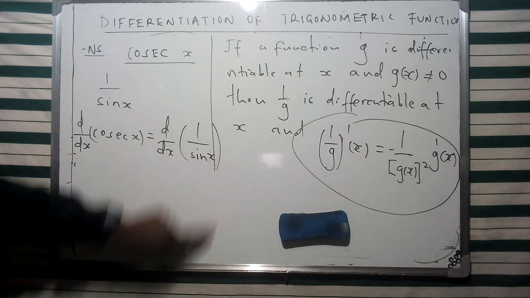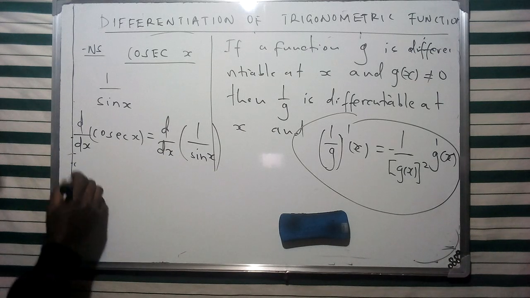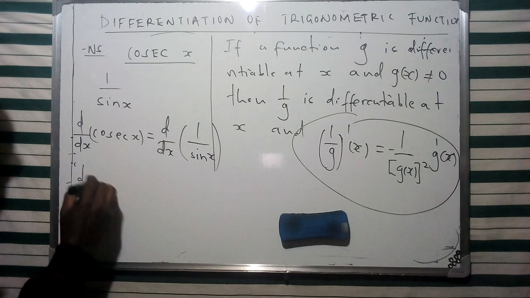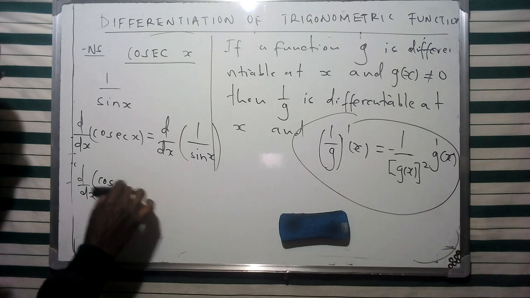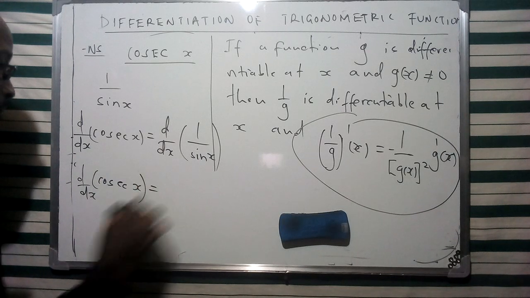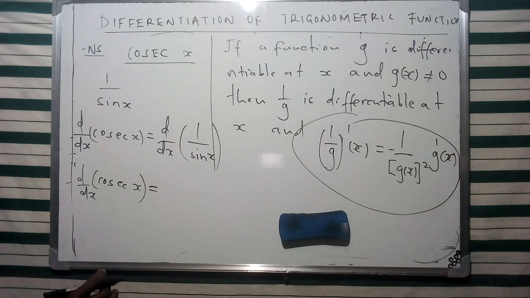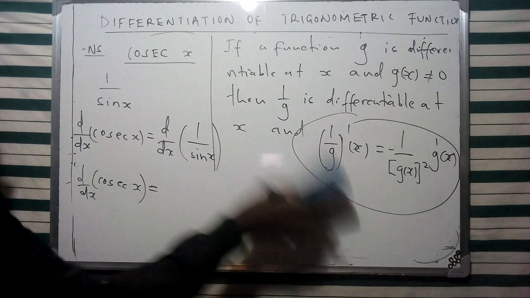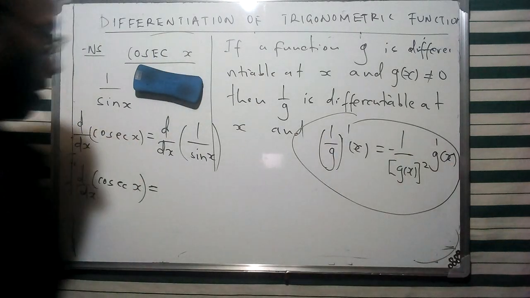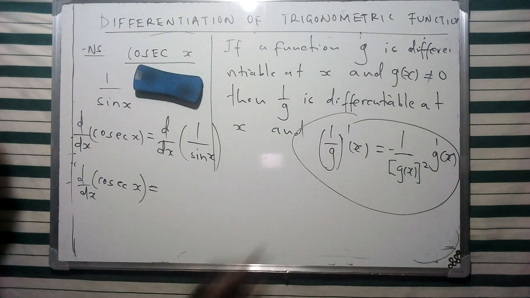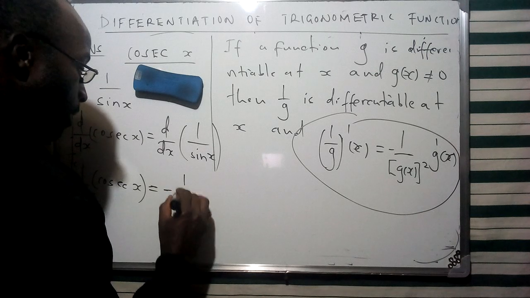So the derivative d/dx of cosec x implies d/dx of 1 over sine x. We use the right side of this representation, which is negative 1 over the square of g(x), and in this case g(x) is sine x.